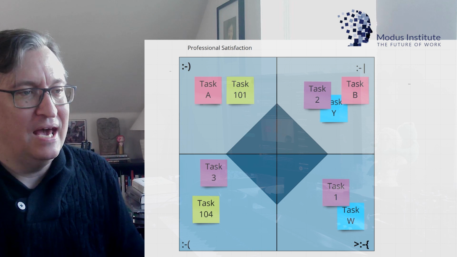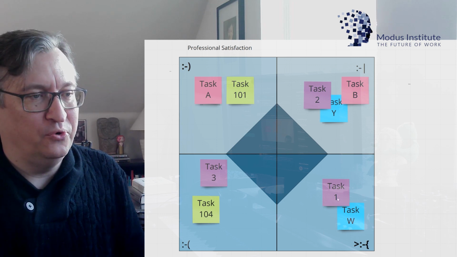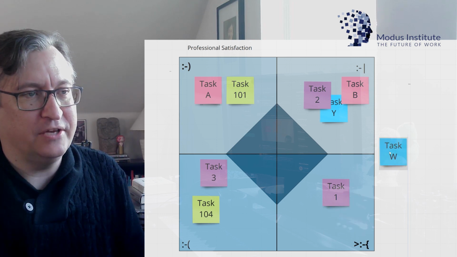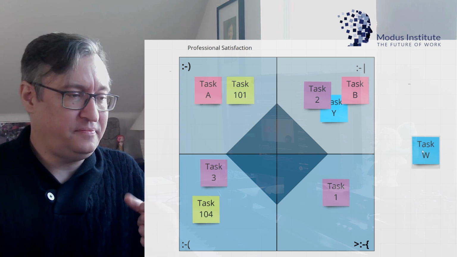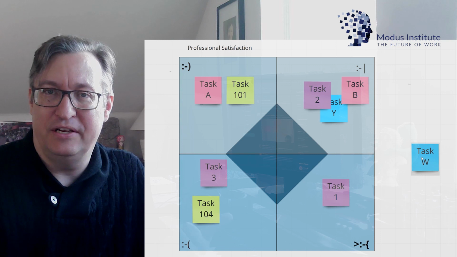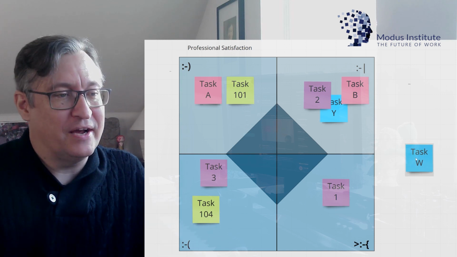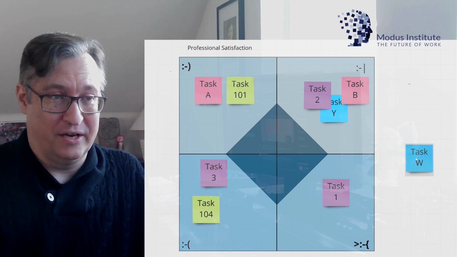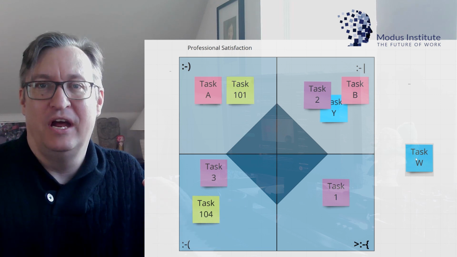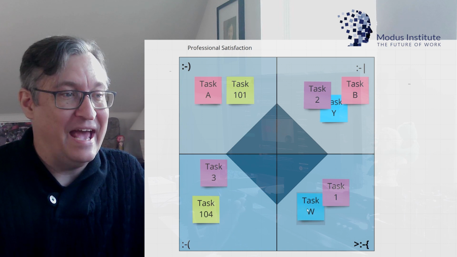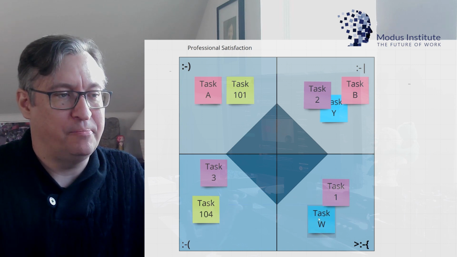So maybe I love doing task W. Task W is great. I love it. But in this case, I didn't have access to the people that I needed to get the work done. I didn't have access to the right computer systems. And as we were trying to complete it, the data that we were given initially was wrong, and this totally was a pain in the butt.